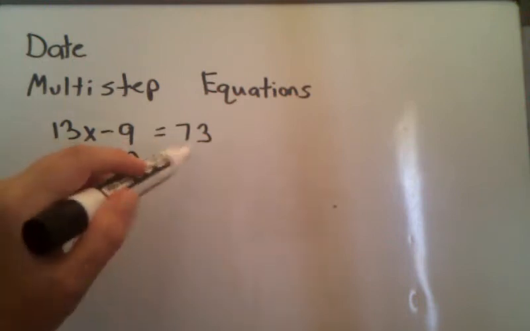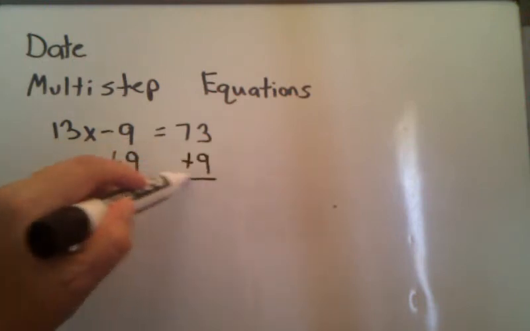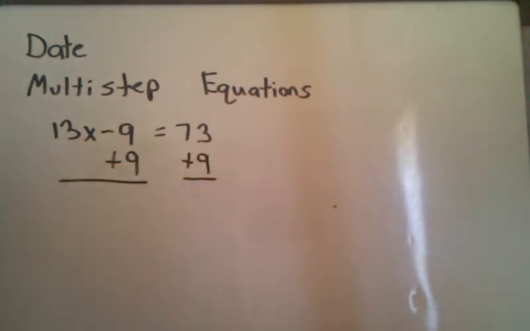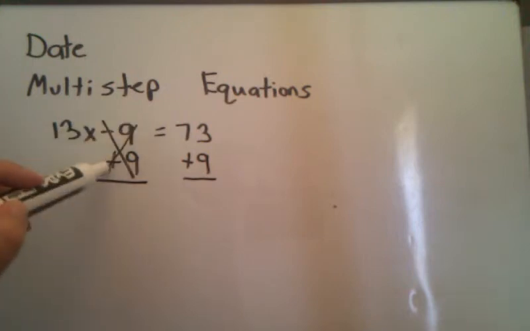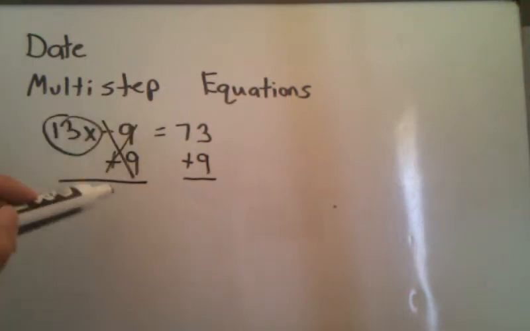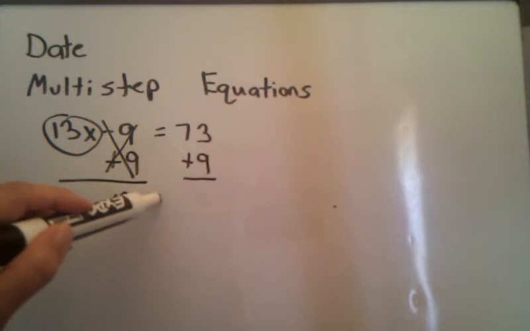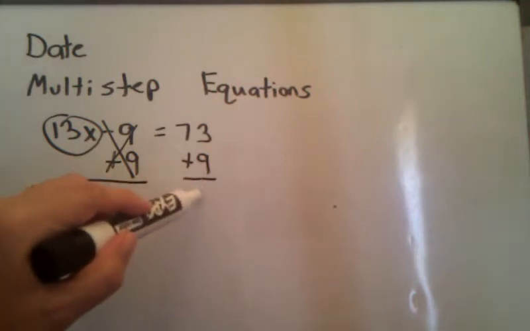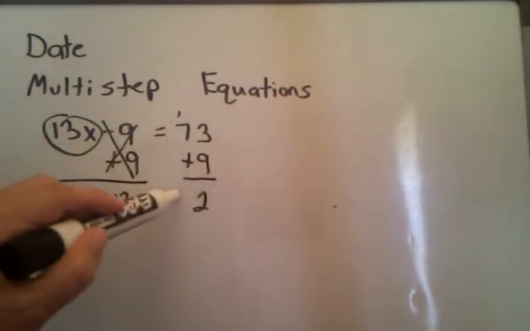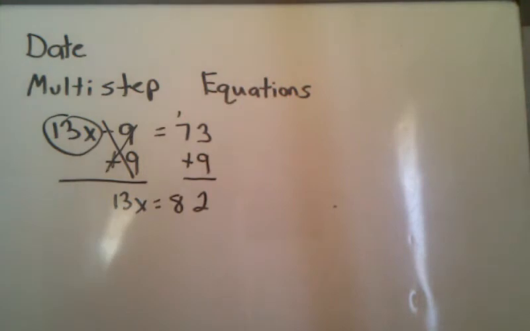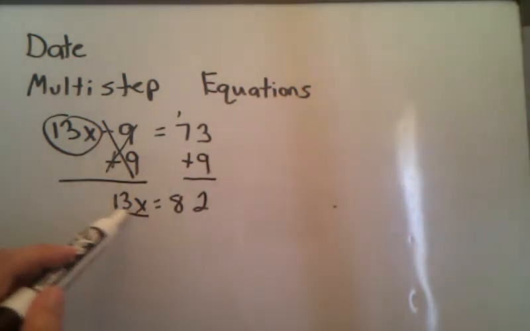But if I add it over here, I also have to add it over there. And I know that we've done this many times before, but I'm just reviewing. These cancel out. We're left with 13x equals 73 plus 9 is 82. And then I divide, 13 times x.